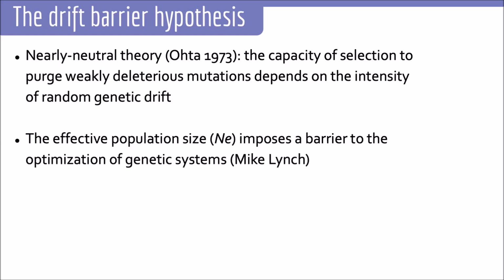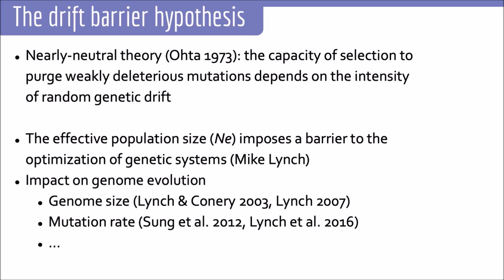And more recently, Mike Lynch popularized these ideas by reformulating them, stating that in fact, the effective population size imposes a barrier to the optimization of genetic systems, what he calls the drift barrier hypothesis. And this drift barrier is expected to have an impact on genome evolution, and there is some evidence that various genomic features can be affected by this drift barrier, such as the genome size or mutation rate.